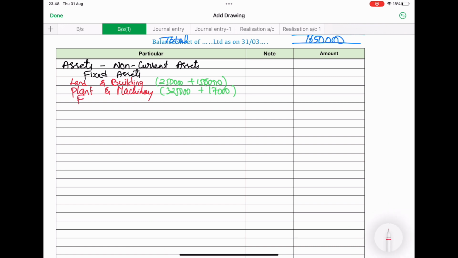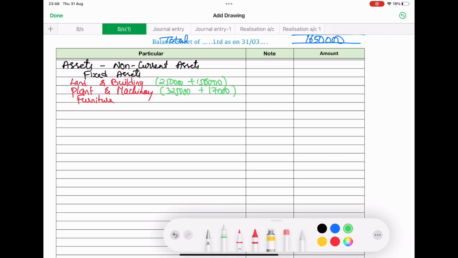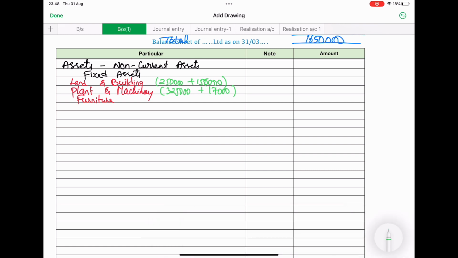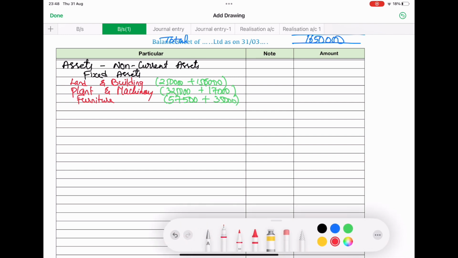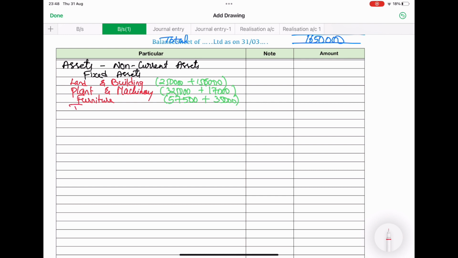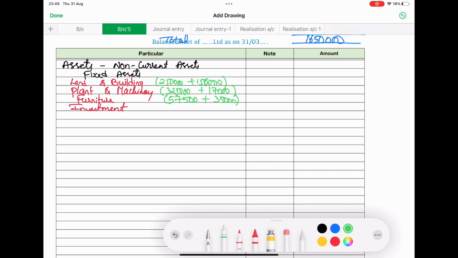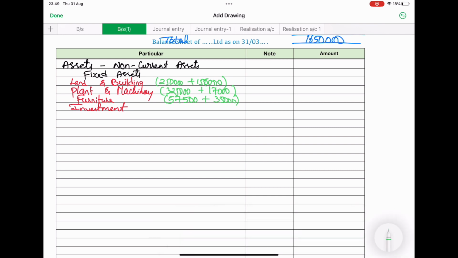Furniture of P Limited is rupees 57,500, plus 35,000. Next we have investment. Investment of P Limited is 1,25,000 plus 95,000. So these are the fixed assets.